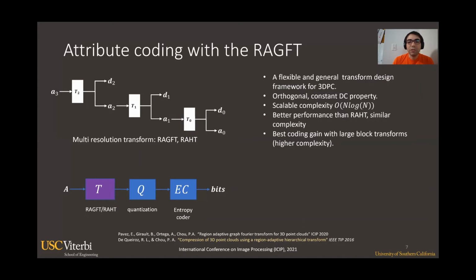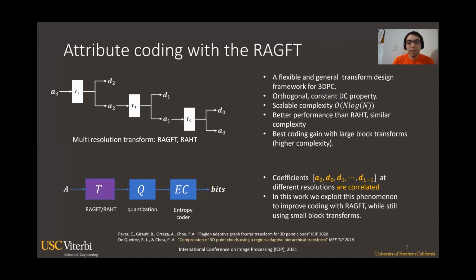It's also known that this transform is orthogonal, it has the constant DC property, and it has scalable complexity. In terms of coding performance, it can outperform the RAHT, and by significant amounts. However, the coefficients at different resolutions are still correlated. So what we do in this work is we exploit this correlation to improve the coding performance of the RAGFT.